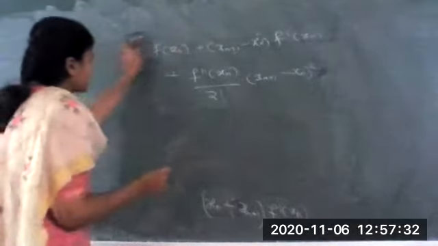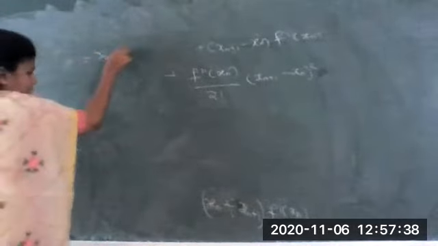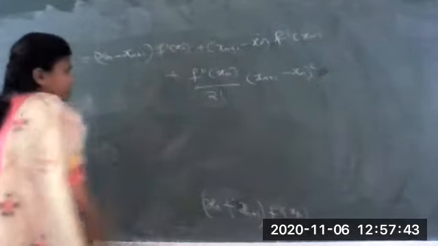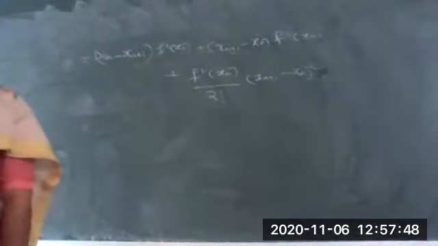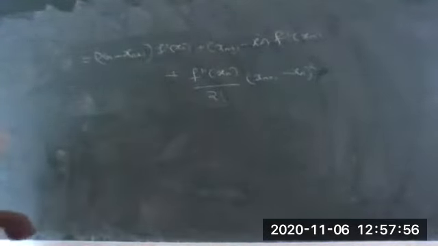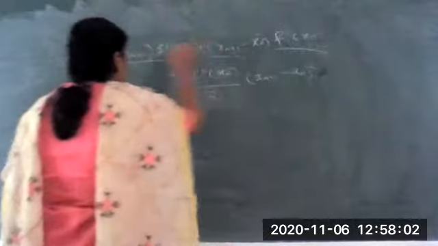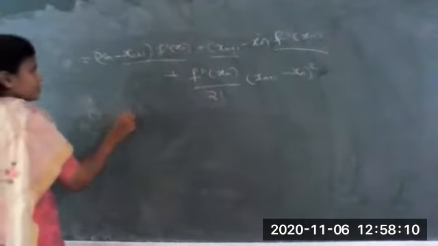Instead of f of xn, I have to write this one: (xn minus xn plus 1) into f dash of xn, which is equated to 0. Now we will see which terms will cancel. f dash of xn, xn plus 1: this term will cancel with this, as this is positive and this is with the negative sign. So this will get cancelled. After this, what we are remaining with, we will write as equal to 0.